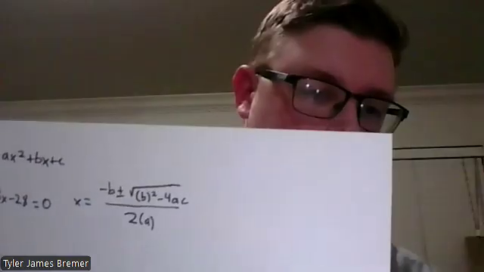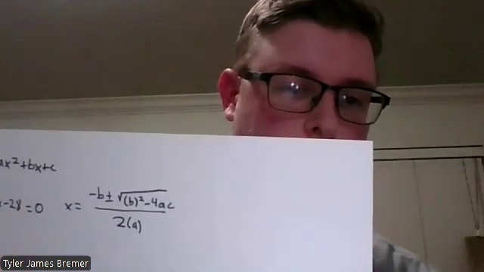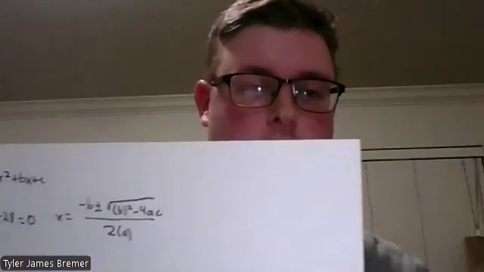So in applying the numbers that we have here, we can write x equals negative 3 plus or minus the square root of 3 squared minus 4 times 1 times negative 28, all over 2 times 1.